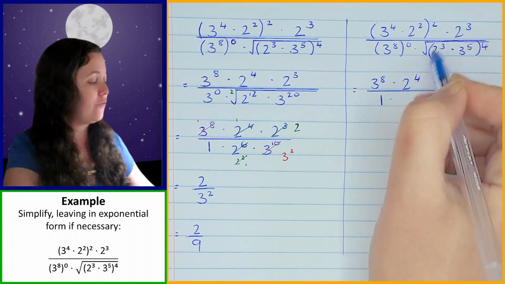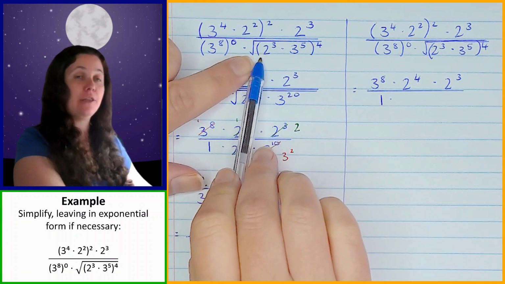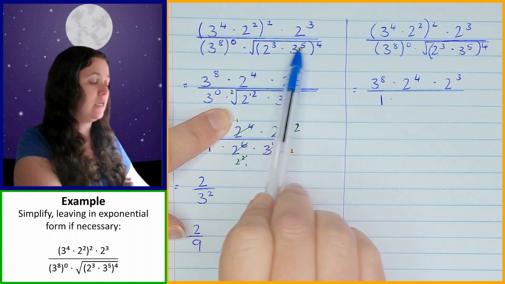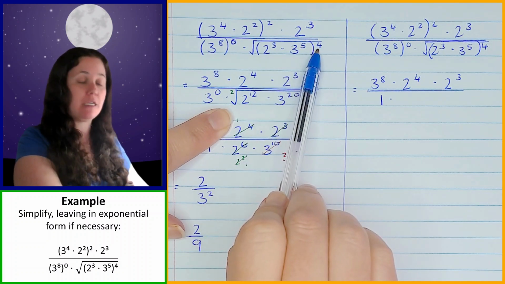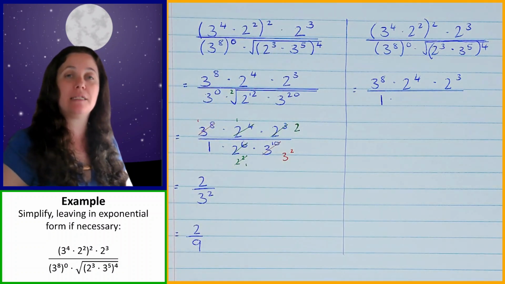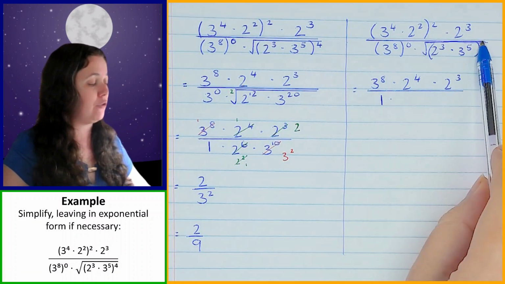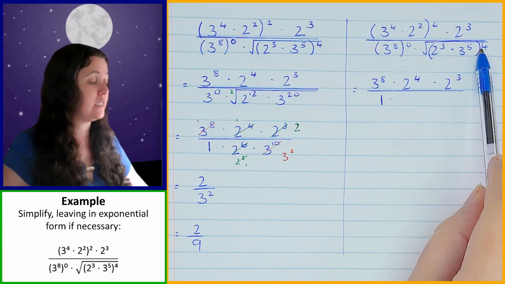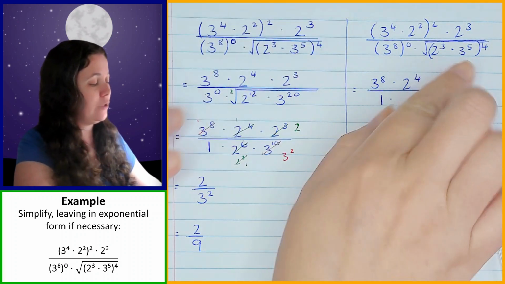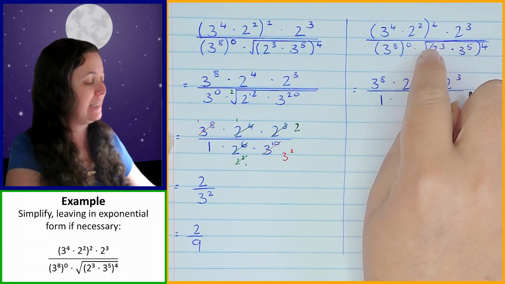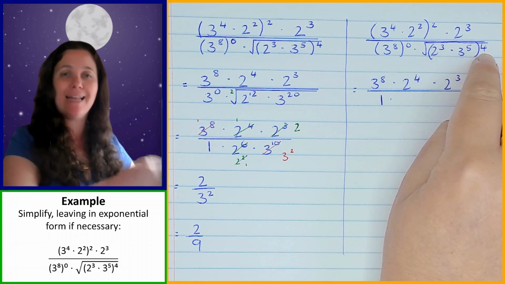Then over here, in the first method, what I did is I first raised the powers inside to the power outside in the brackets within that square root sign. Another way of doing it is to take the square root and apply it first to this whole thing, treating this whole thing as a power. So ignoring what's inside here and saying it is something to the power of 4 and it's being square rooted.